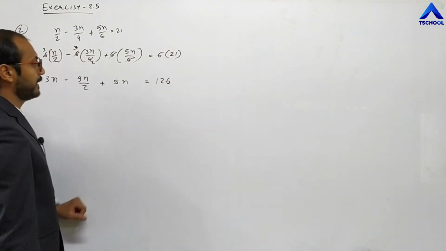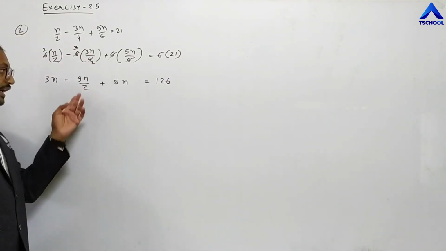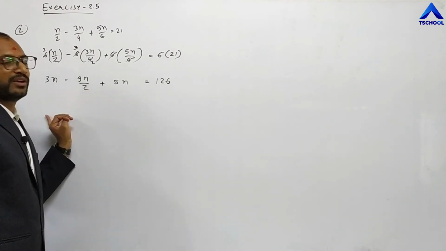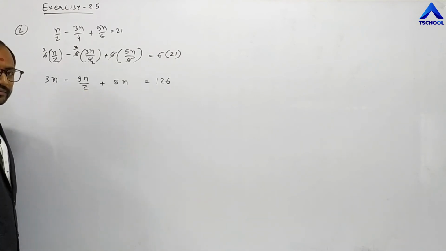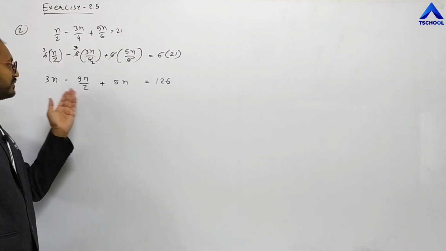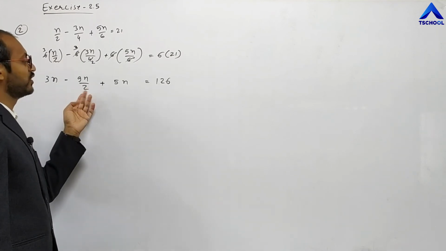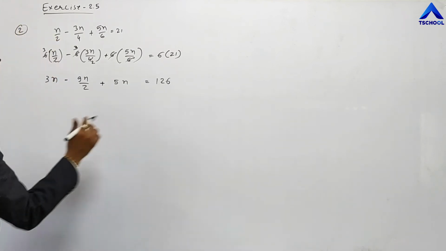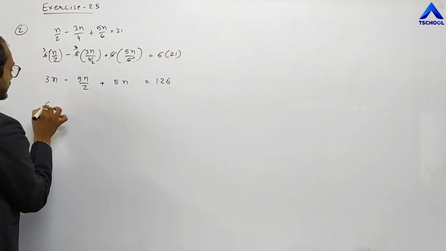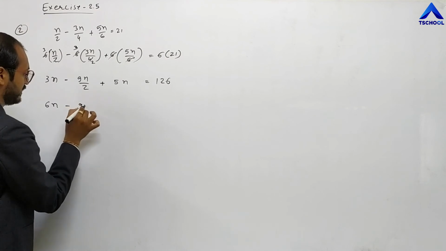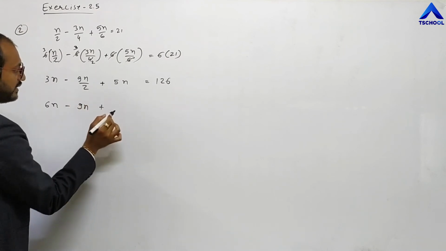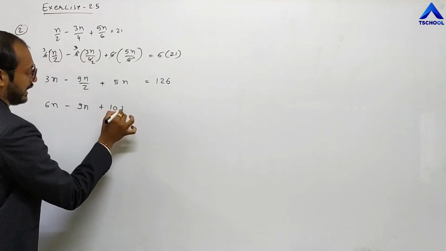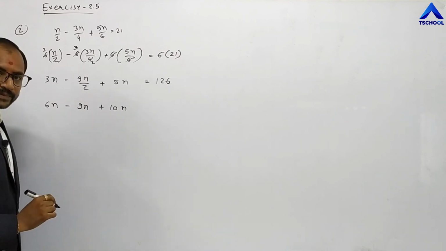126. Now again to remove this 2, we can take this LCM 2 as well, because 2 is alone in the denominator. So we multiply by 2 on both sides. Here 3 2s are 6n minus 9n remains as it is because the 2s cancel, and 5 2s are 10n.